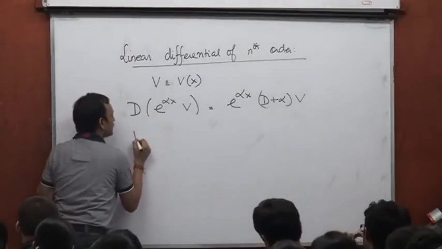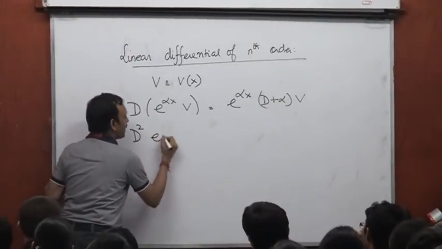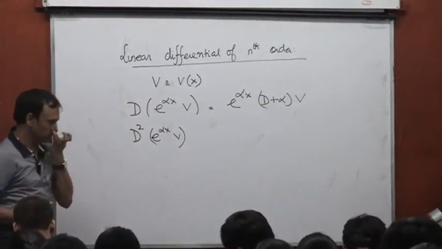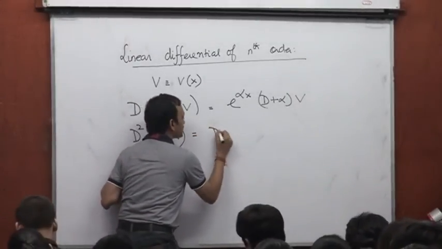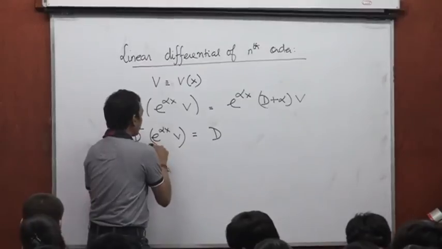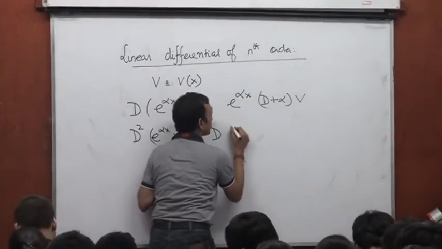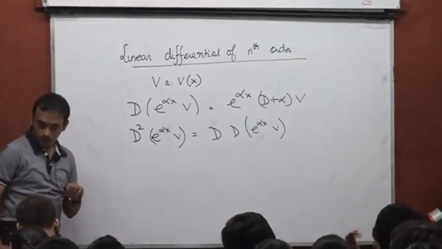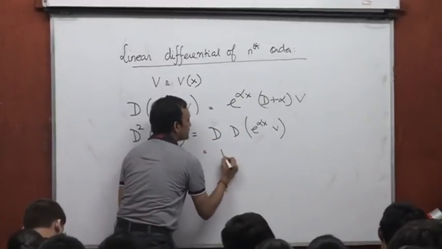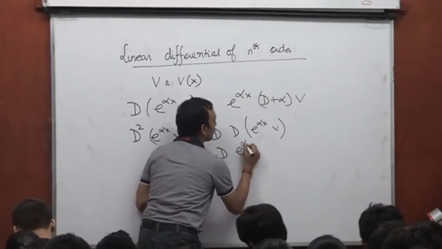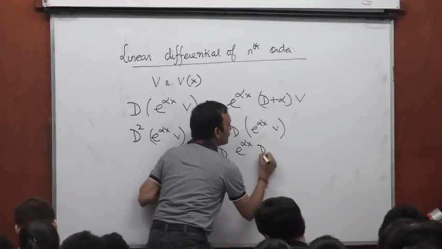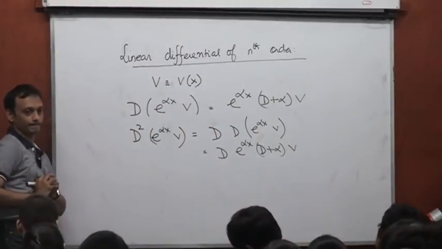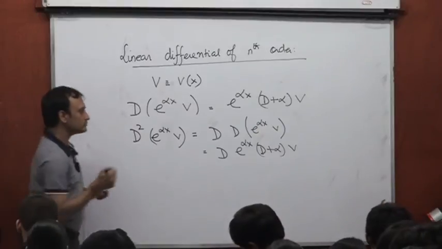Now when I say d squared e power alpha x v, this is like d acting on d of this, right? But from this property we get this is like d into e power alpha x into d plus alpha acting on v. Yes or no?